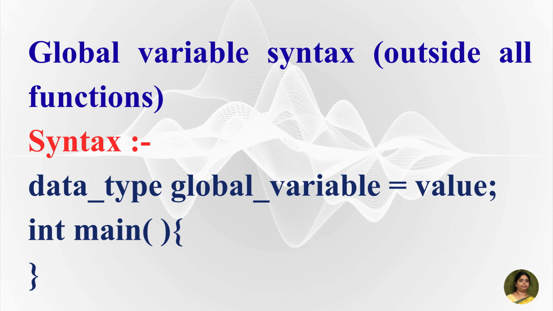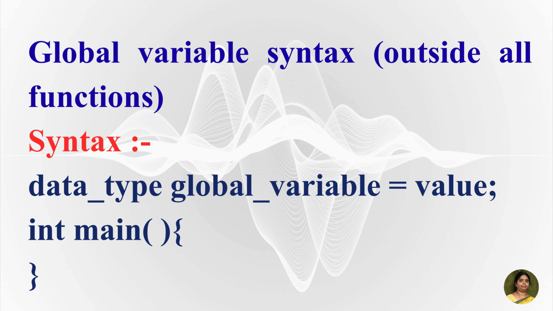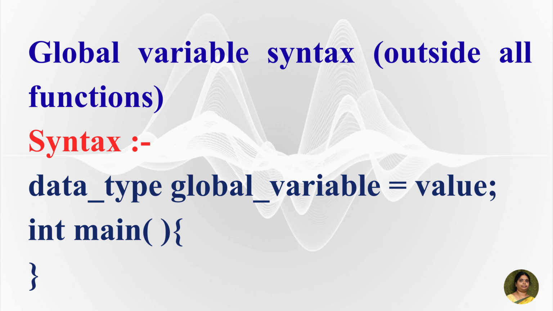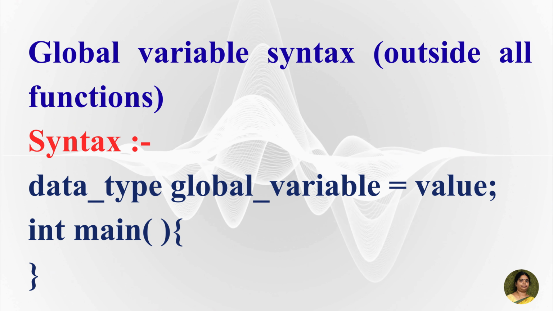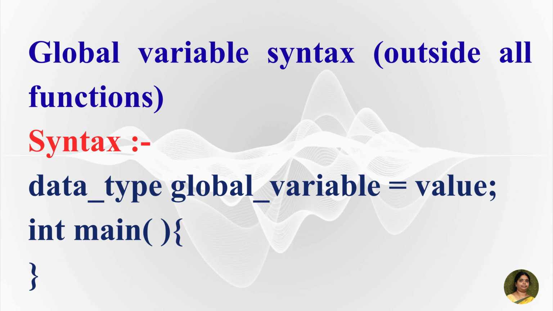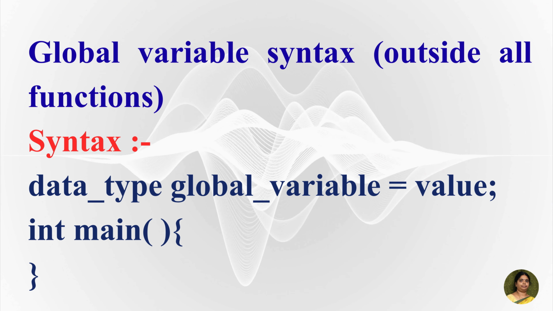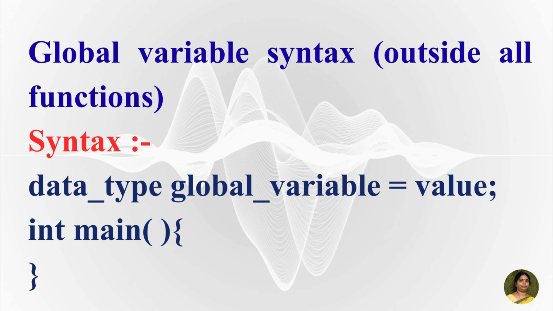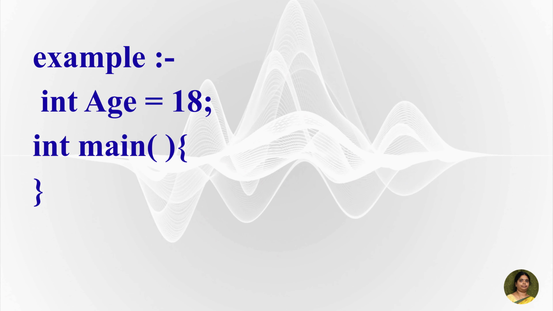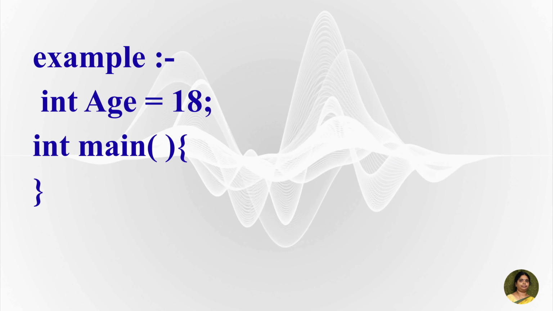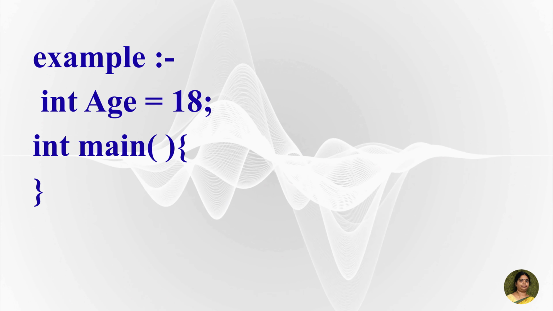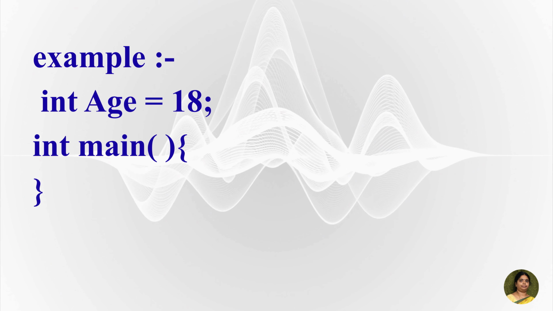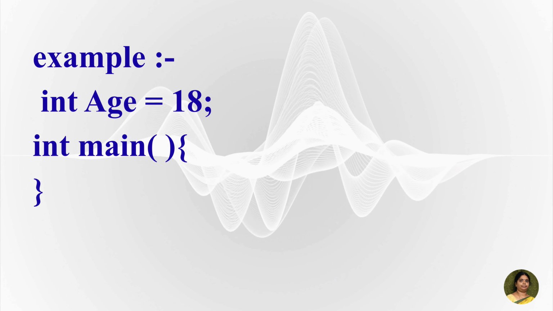Just like the toy, if it is kept in the living room, then everyone in the house will use it. Just like that, if we keep the value 18 outside, then everyone will have access. So int age equals 18, and inside int main we will have nothing. So this is just a form of representing local and global variables.